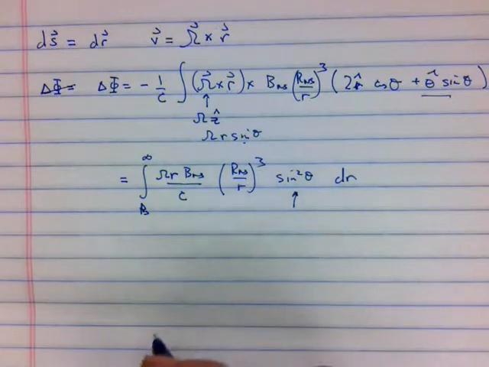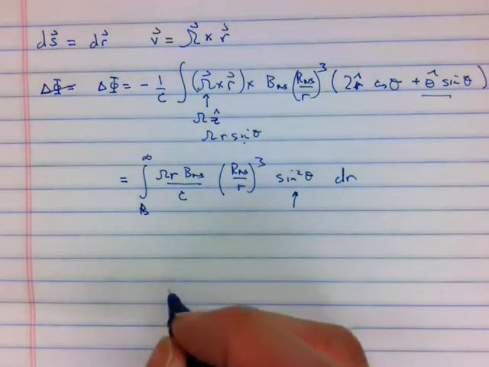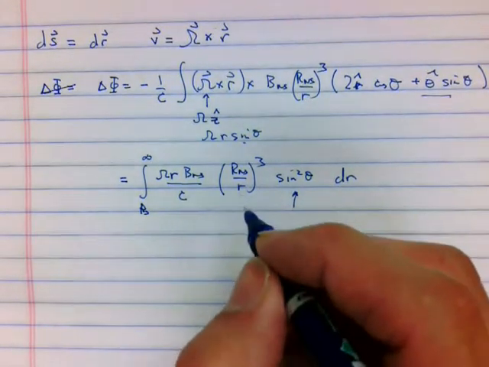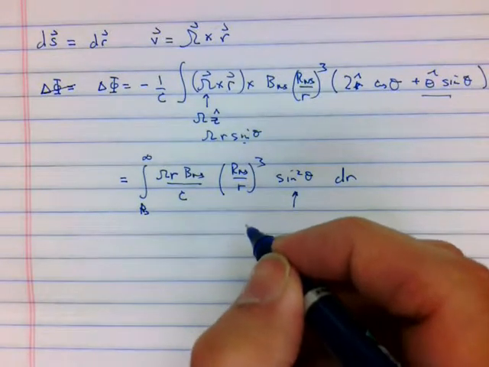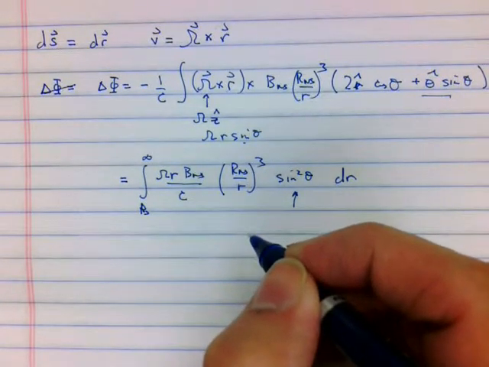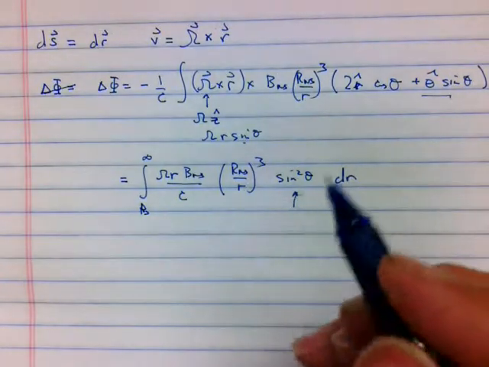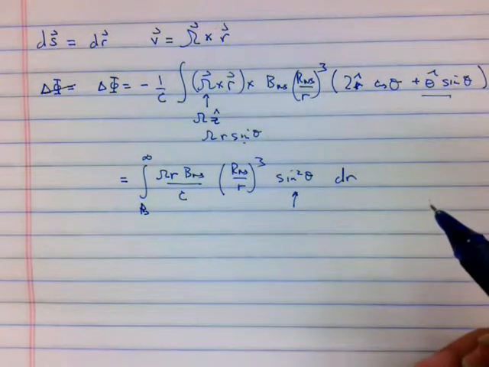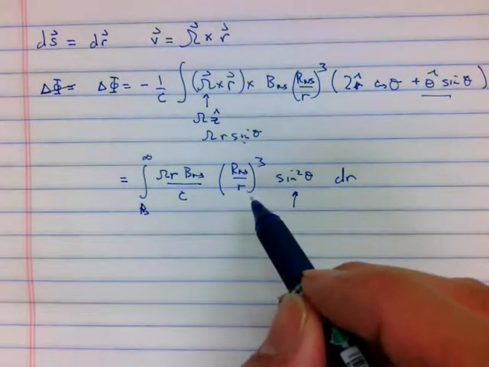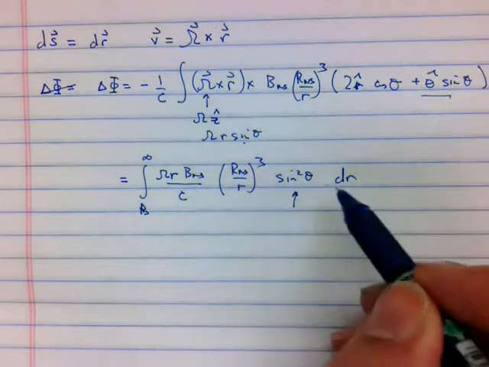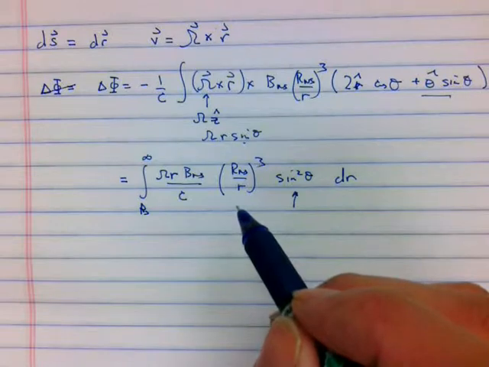And if we do that, what we are going to end up getting is a factor. Let's see if I get this right now. This could be 1 over r. Let's see if I get everything right. It's r squared, 1 over r. Yep, that's right.